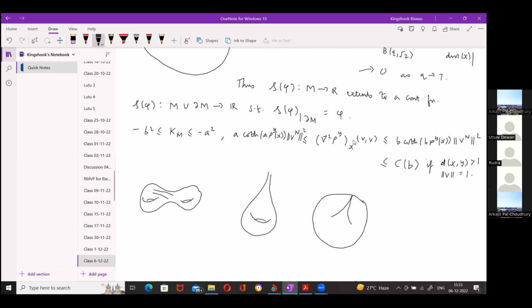No, there could be geodesics which go into the cusp and come back out and then go in again. Yeah, that could happen. Essentially what happens is the boundary of, let's say, H2 mod gamma should be identified with the boundary of H2 mod gamma, right?